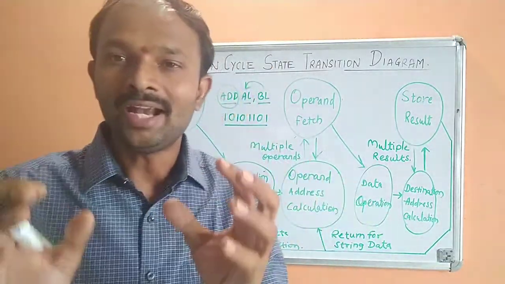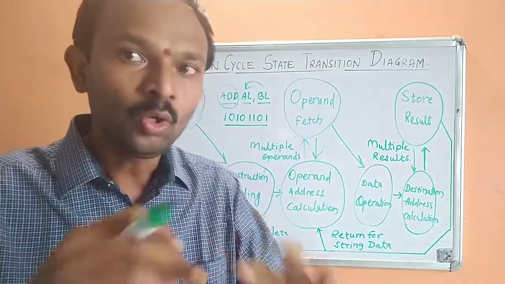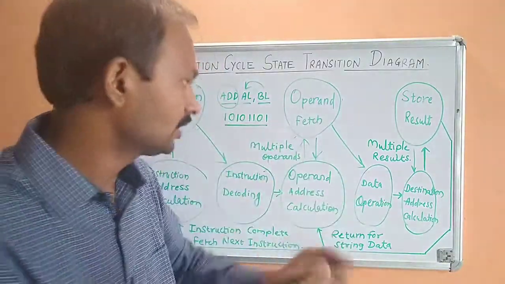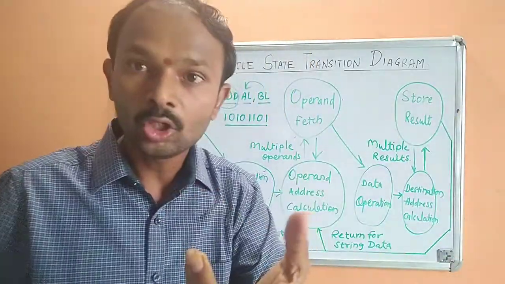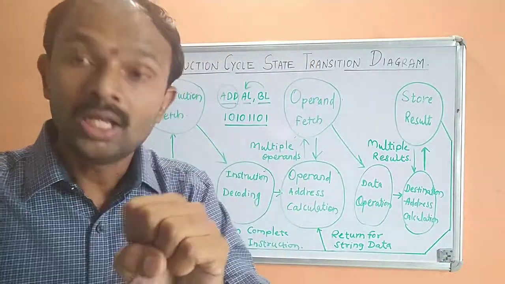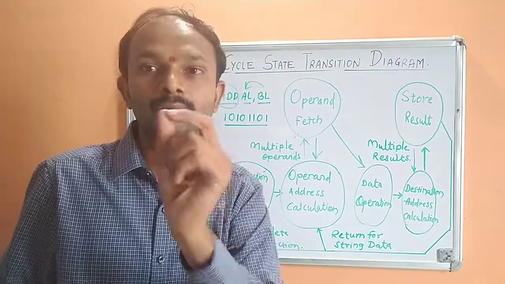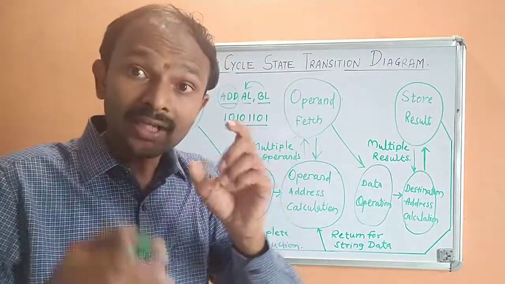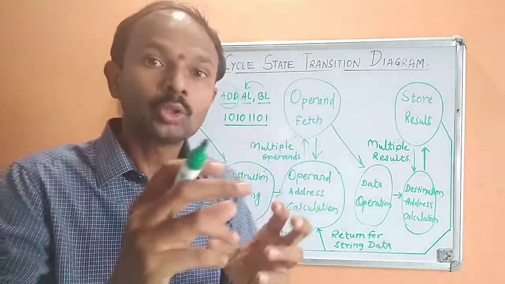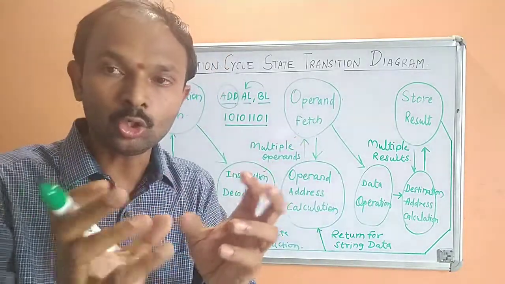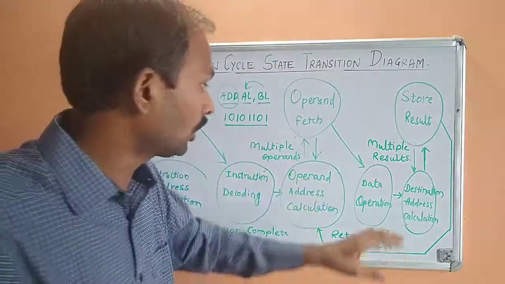Now once you have added the two numbers, the next step is destination address calculation, of course, because now I have a result, and the result is, for example, 5 plus 2, 7. That result I want to store on some memory location. So if I want to store that result on some memory location, what will I need?